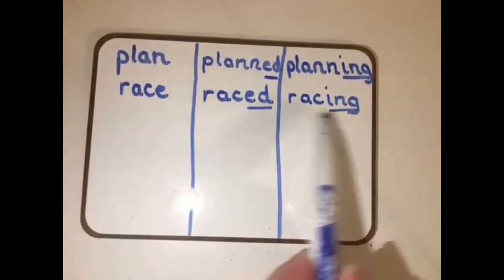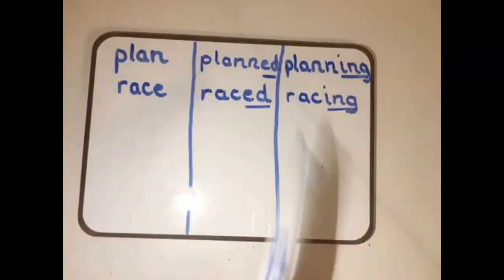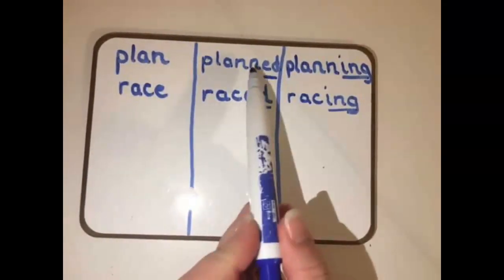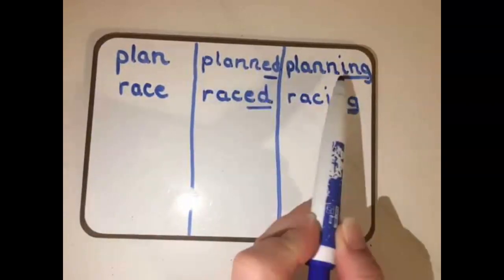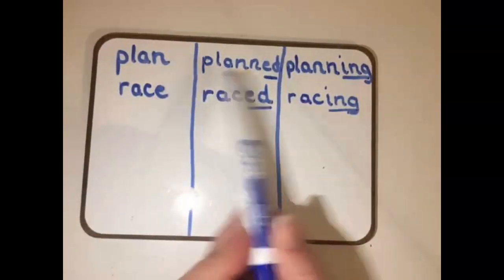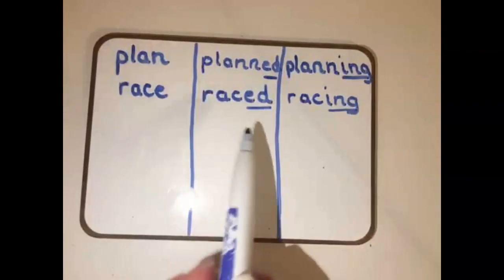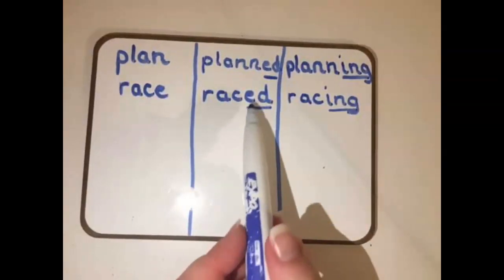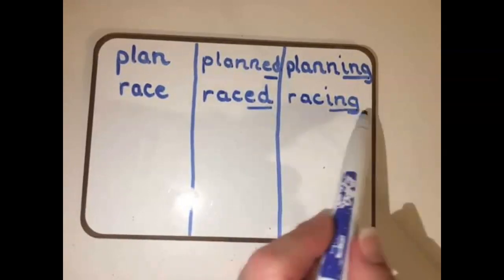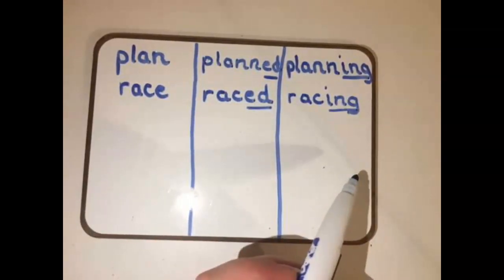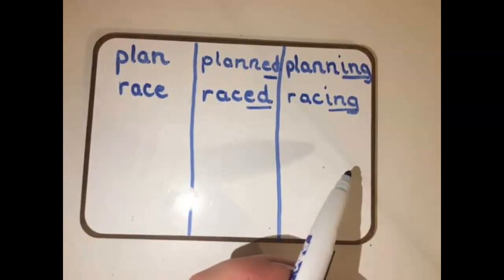So these are new rules from these rules, aren't they? Where we had to add a joining letter with some words to make them ED and ING words. With other words, we have to drop letters and then add the suffixes, okay?